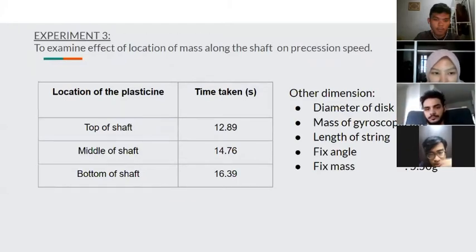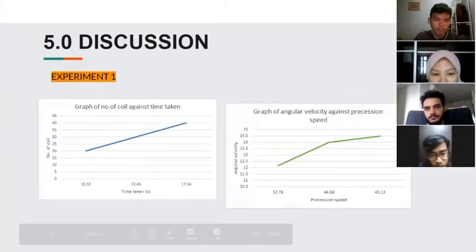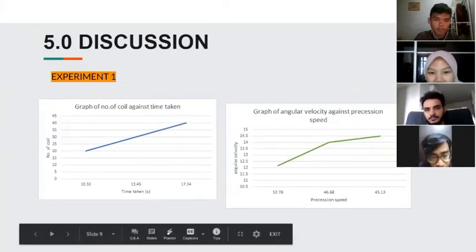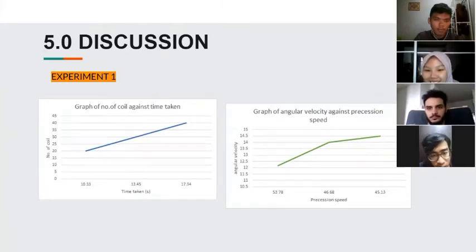So next. For the discussion of experiment one, this graph shows the number of coils against the time taken. The second graph is the graph of angular velocity against the precession speed.